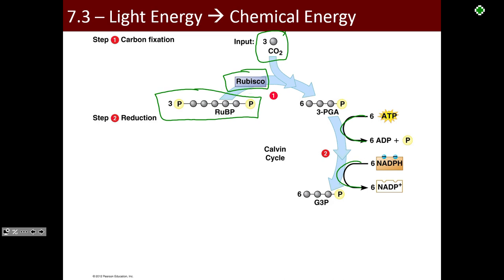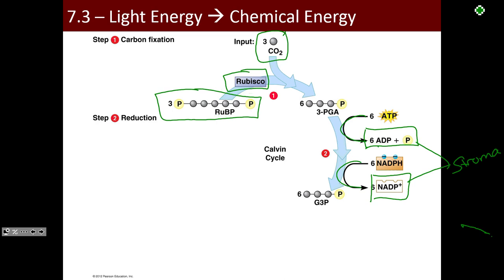And again, every time you see the products of these reactions, these guys are just going back to the stroma. So we're regenerating empty electron carriers to go to the light reactions, and we're leaving behind ADP and phosphate that can be made into ATP again using photophosphorylation. Okay, they're just part of the cycle.